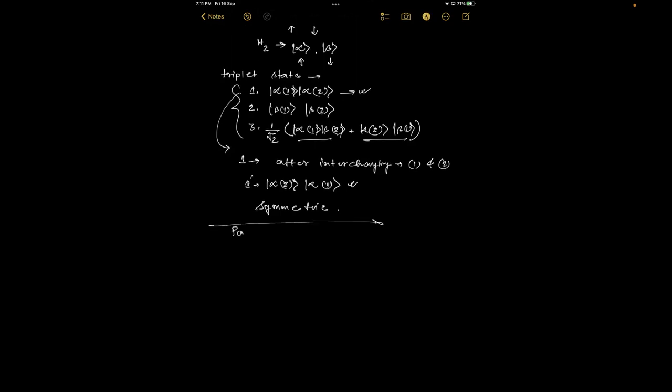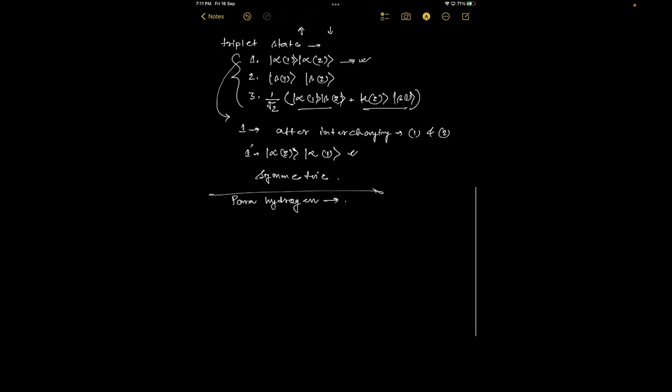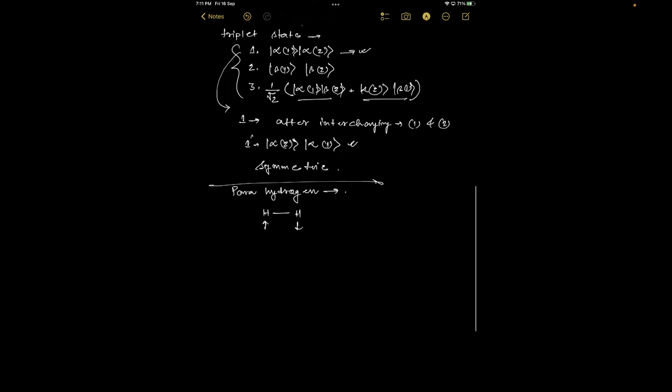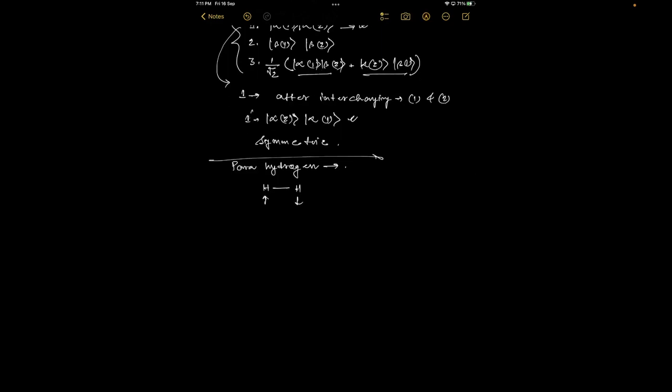Now let's consider para hydrogen. For para hydrogen, the two spins are anti-parallel to each other. So the total spin quantum number S corresponding to para hydrogen will be 0. So the possible value of ms will be 0.